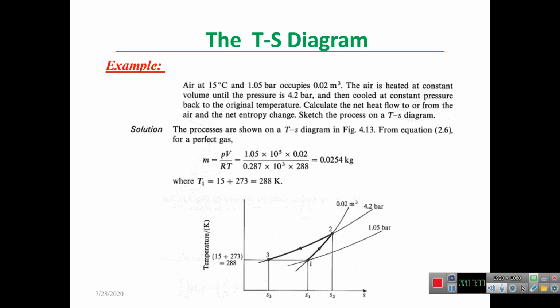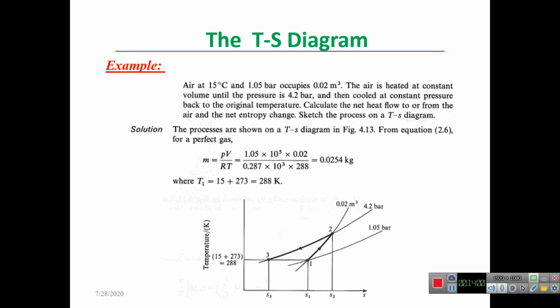Now this gas equation applies for all states. You can apply it for state 1, state 2, state 3. We are going to rearrange it and apply it for state 1 because at state 1 we have all the properties required to be substituted in this equation and to find the mass of the fluid which is in the system.